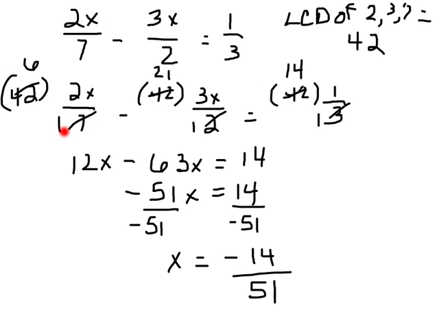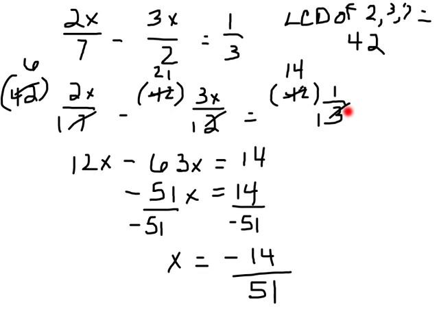Then I'm going to look at the bottom number and cross cancel out. 7 will go into itself once and into 42 6 times. Then I'm going to multiply this 6 by what I have here, which is 2x, to get 12x. Here I can cross cancel. 2 goes into itself 1 time and into 42 21 times, and 21 times 3x is 63x.